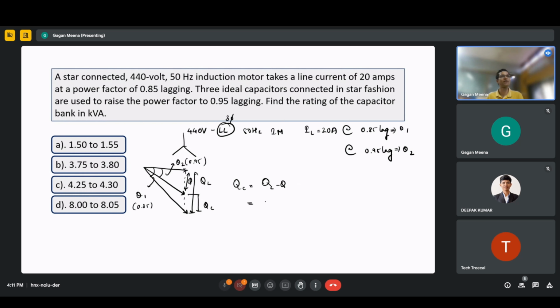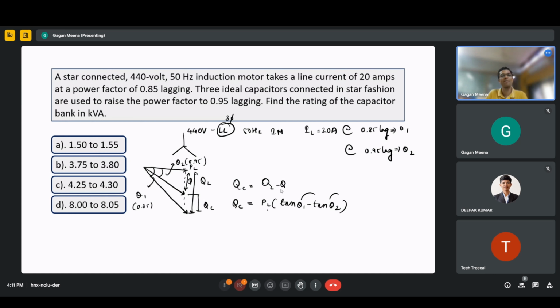And how much is QL? PL we know. It is PL tan theta 1 minus tan theta 2. You know theta 1, theta 2. PL also you know. So you can directly calculate QC. Yes, sir. So tell me how much is PL here?